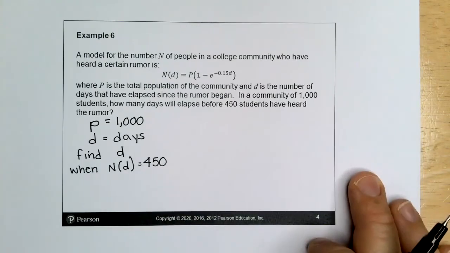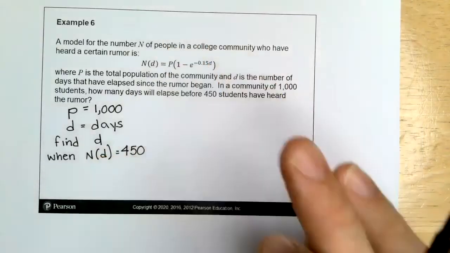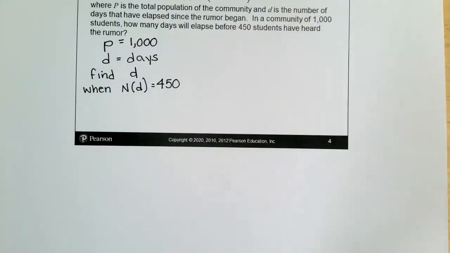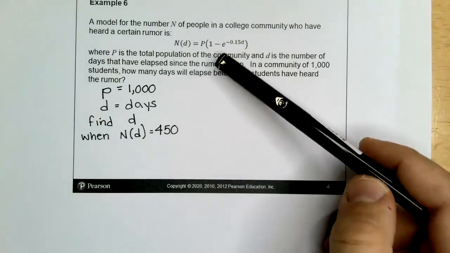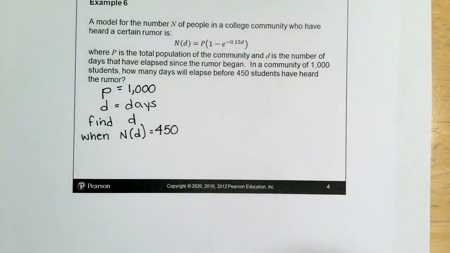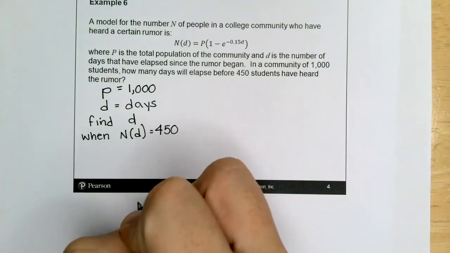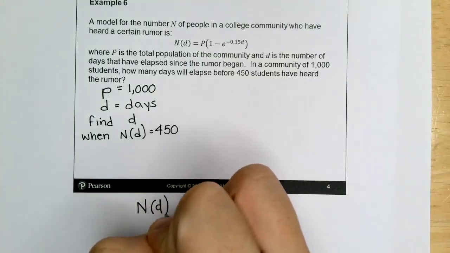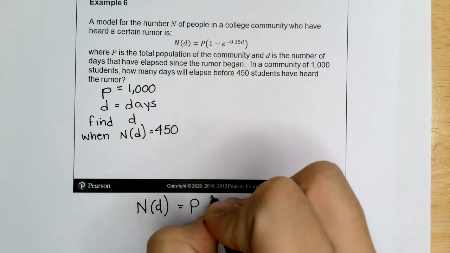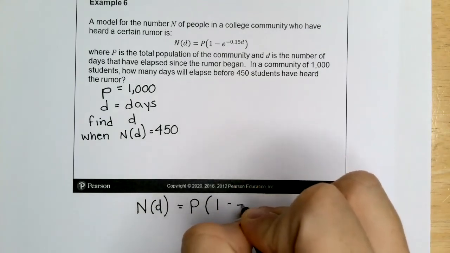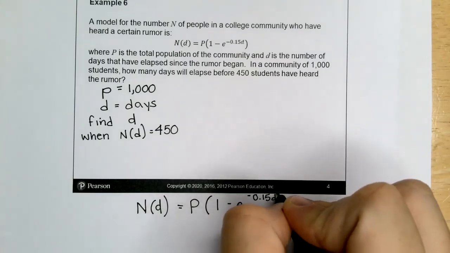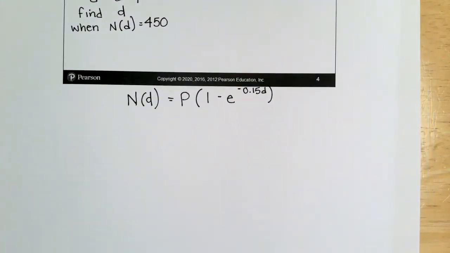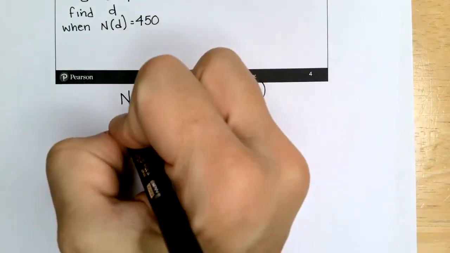We're just going to put those into our equation right here. We know that P is 1,000. We know n of d is 450, but we need to find this d up here. So I'm just going to rewrite the whole thing so that it's super clear. n of d equals P times 1 minus e to the power of negative 0.15d. Good. We know n of d is 450.